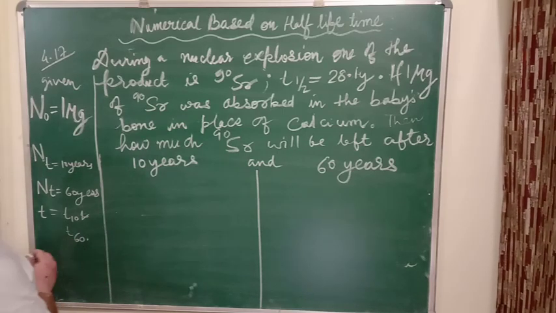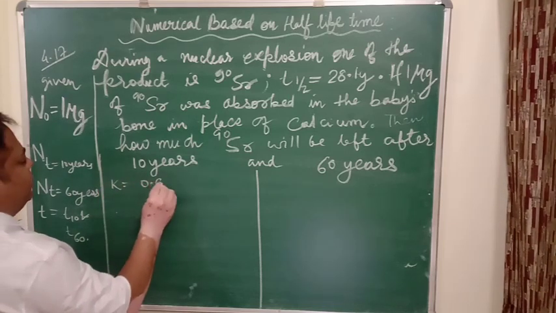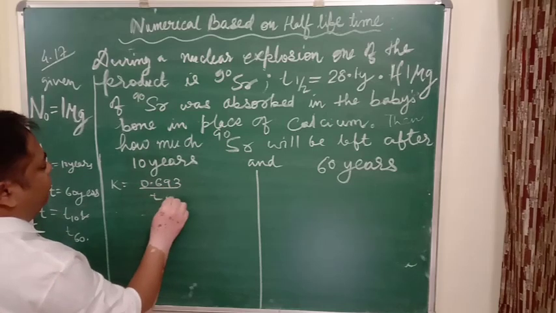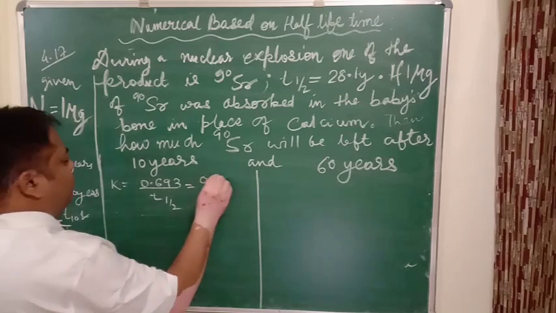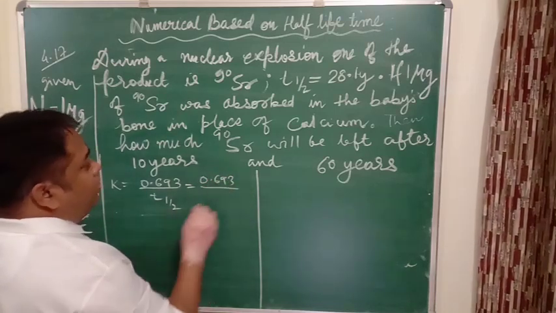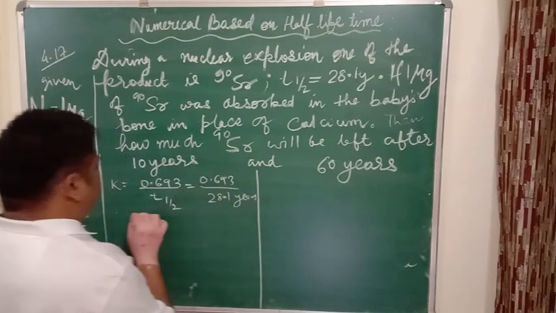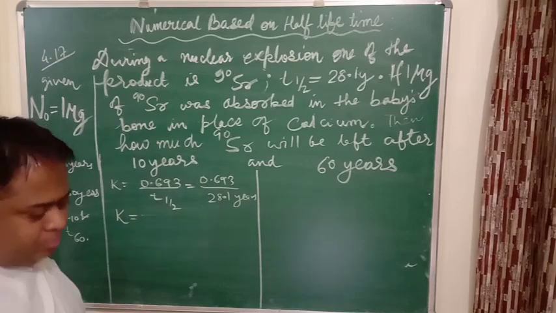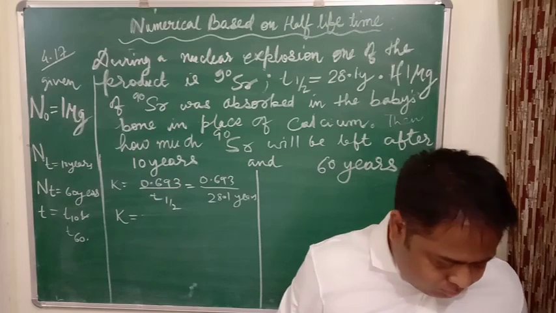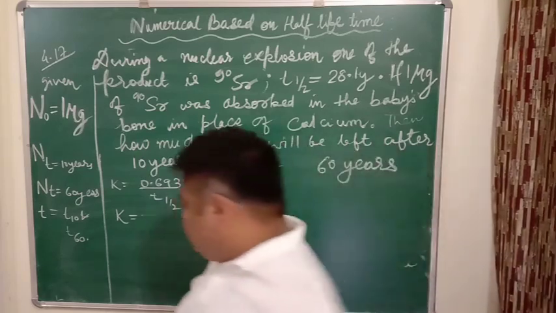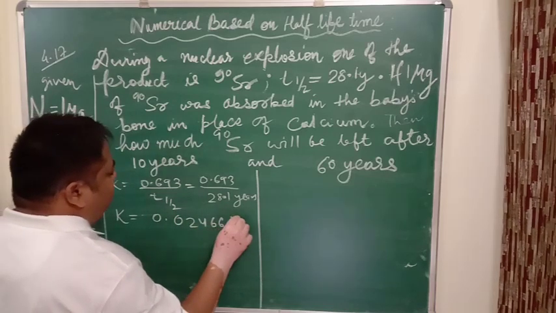So we know that k = 0.693 by t half, which is 0.693 by 28.1 years. So k will come out to be 0.02466 per year.